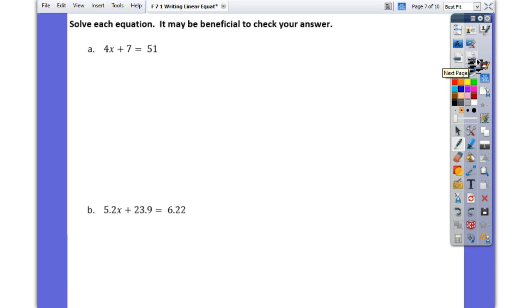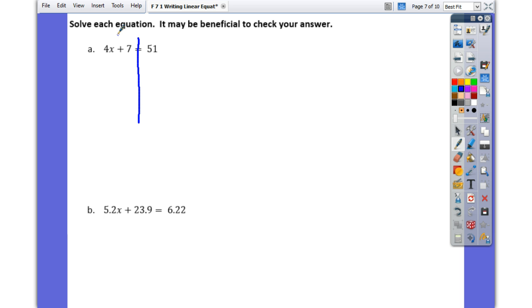Alright, let's go to the example 3 problems. Now they're 2-step equations. The ones we just got done doing were 1 step. We either had to multiply, divide, add, or subtract. This one, they're 2 steps. I have to get all my numbers on one side and my variables on the other before I can solve it. So what am I going to red rover here?